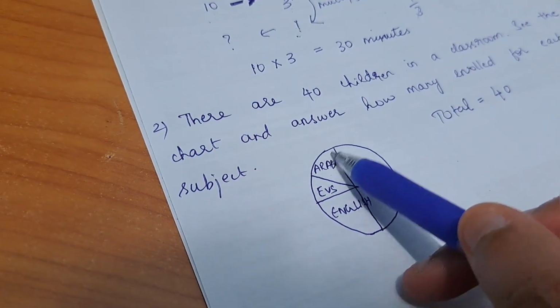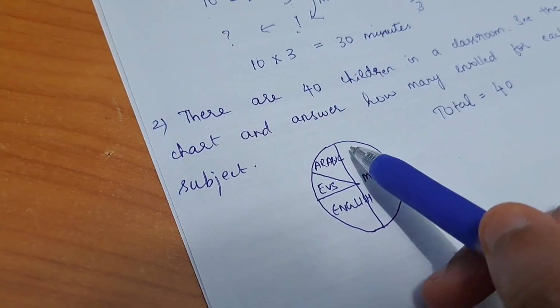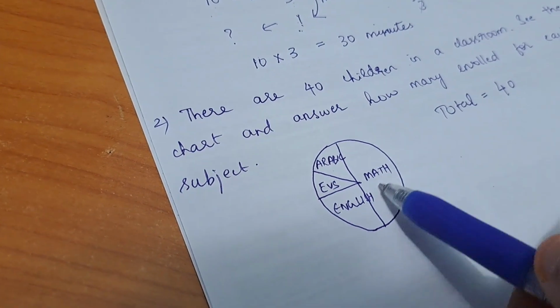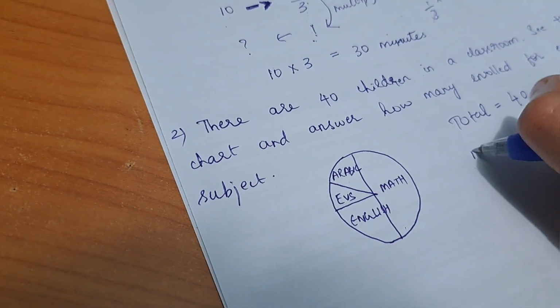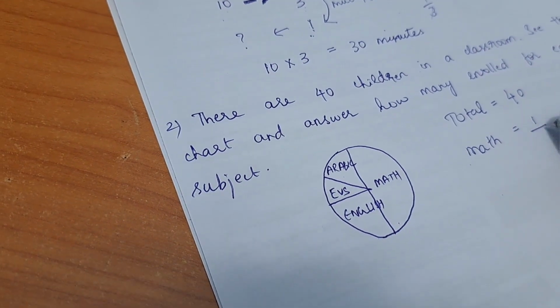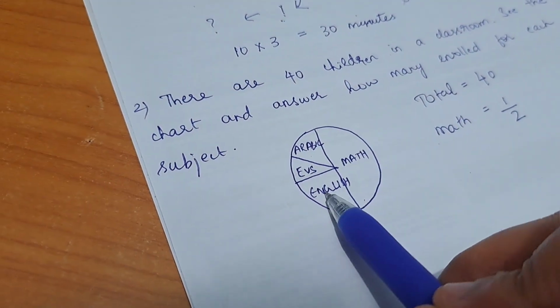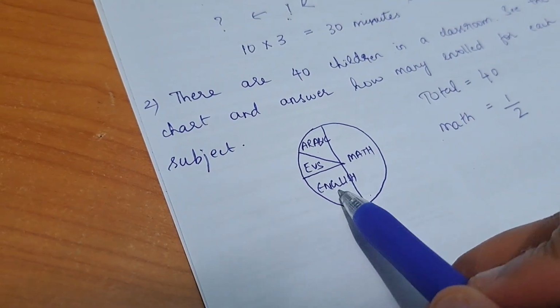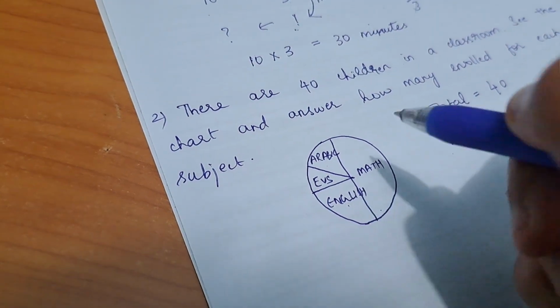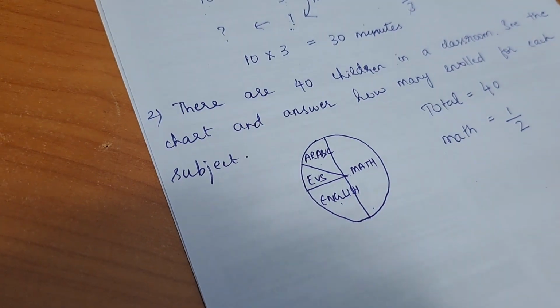So this is a circle and this is the line which is dividing it into half. We can see that this whole half is math. So math is equal to, how to write half? It is 1 by 2. Next, moving on, English. How to write English? Now suppose this was a circle.